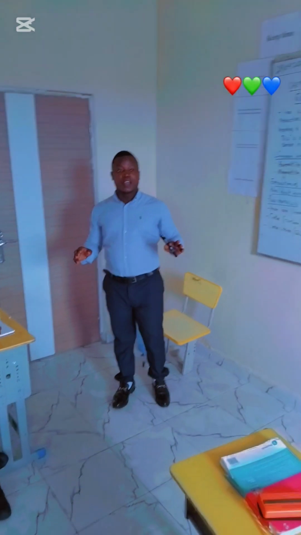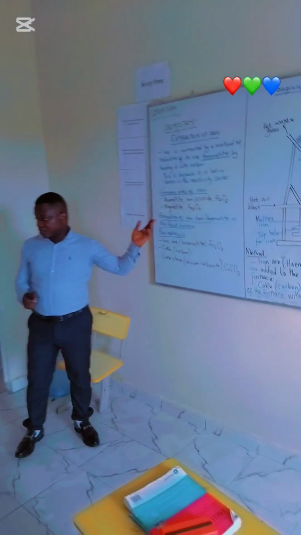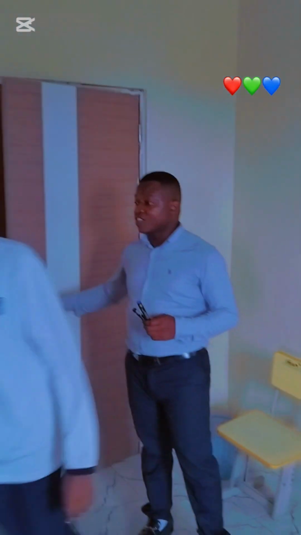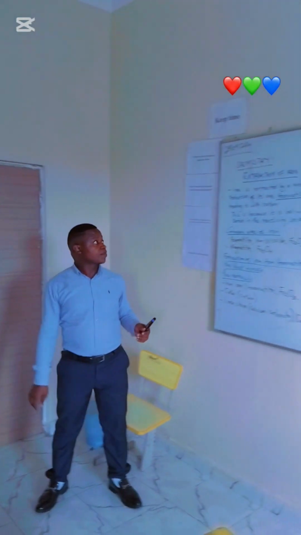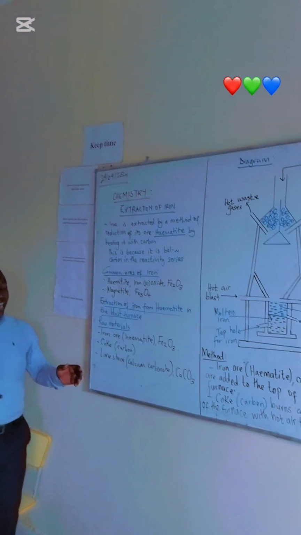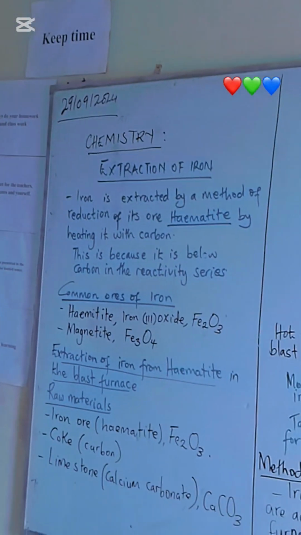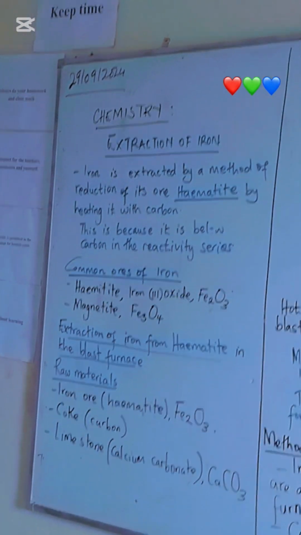I want to welcome you, class, to today's lesson where I'm going to discuss the extraction of iron. Iron is extracted from its natural ore called Haemetite.